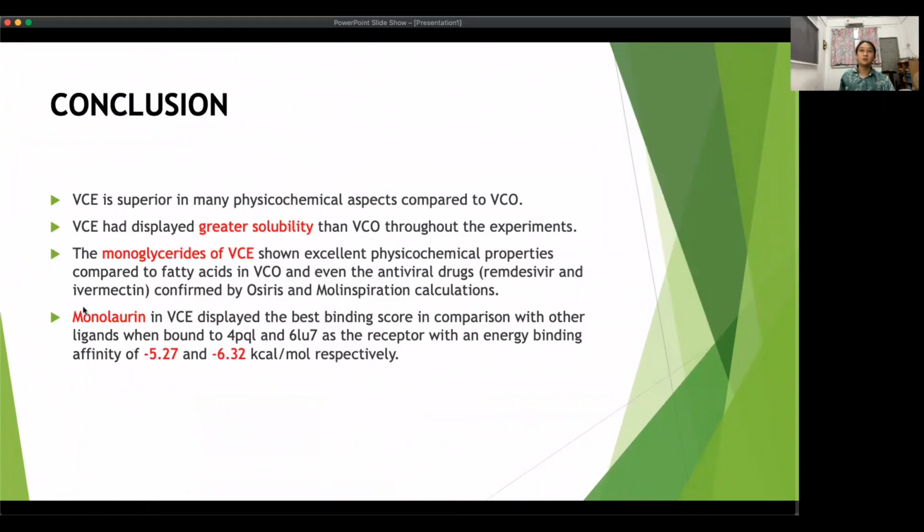Overall, monolaurin from VCE showed the best autodock results compared to VCO. With these results on the 4PQ and 6LU7 proteins, it can be a good antiviral or antibacterial drug candidate, if further studies and research are done.